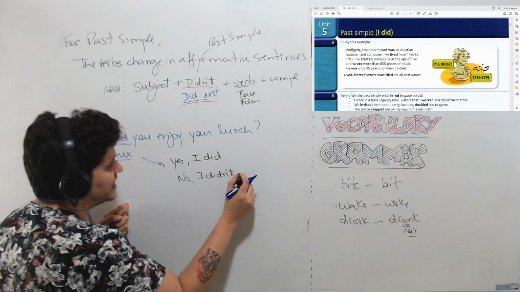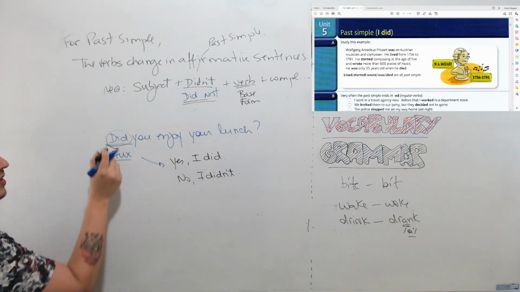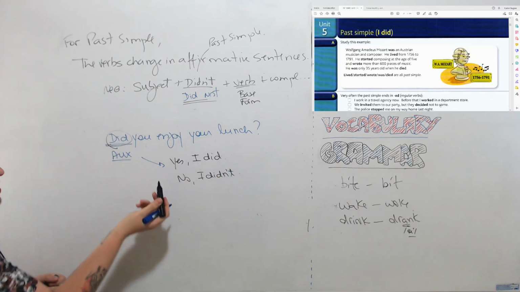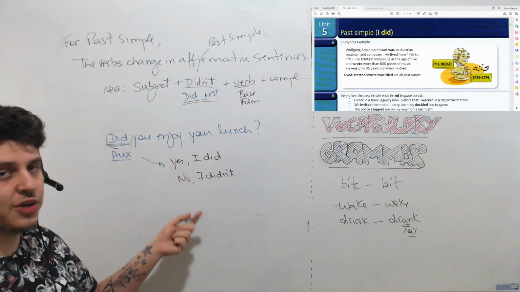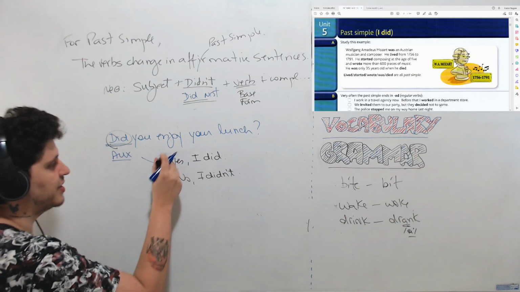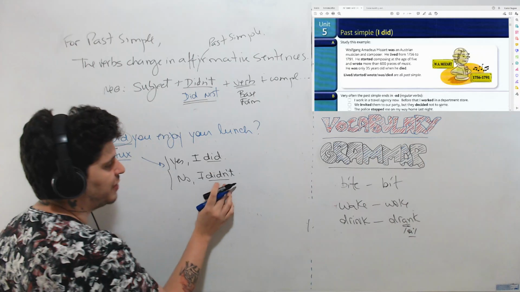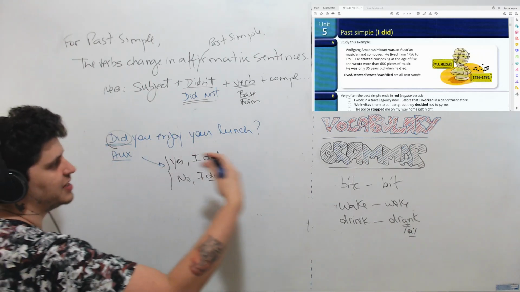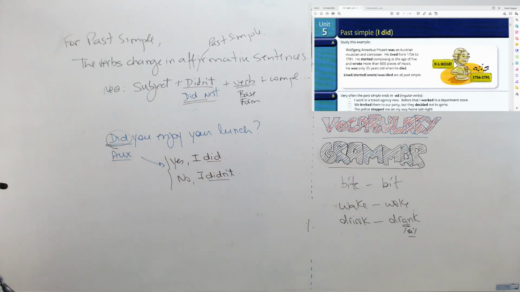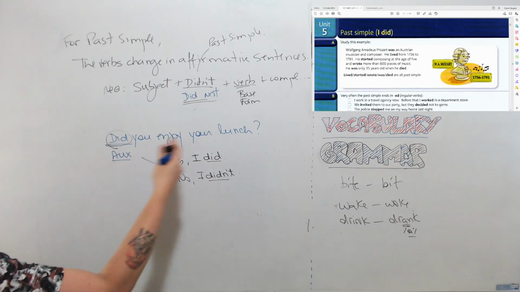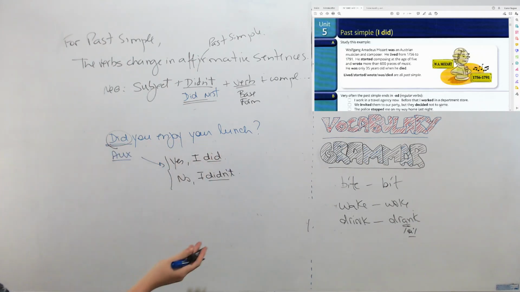So if you start a question with an auxiliary verb like this, your answer will consequently be a yes or no. And when you're answering it, you may well want to repeat the auxiliary instead of repeating the whole sentence. You just stop here and you will sound very smart. Did you enjoy your lunch? Yes, I did. No, I didn't.